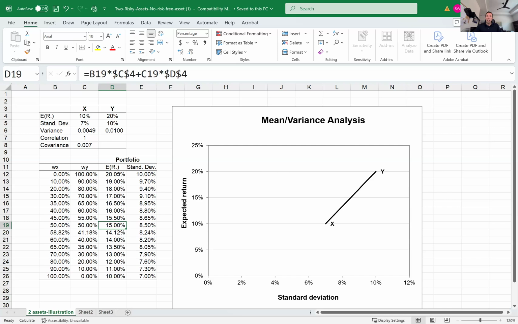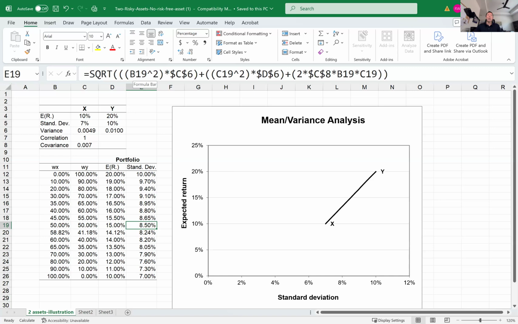For any of these in column D, when we change the weight on X, it automatically changes the weight on Y, and it will tell us the expected return for those particular weightings. The standard deviation of this portfolio is going to be the square root of the variance of the portfolio. This is our variance of the portfolio.